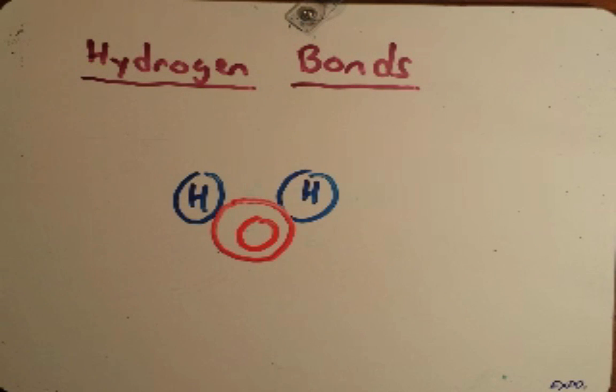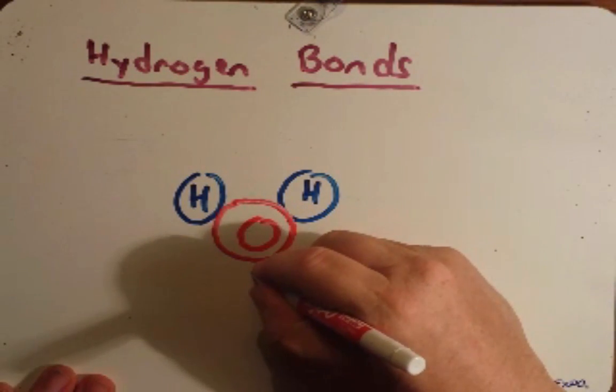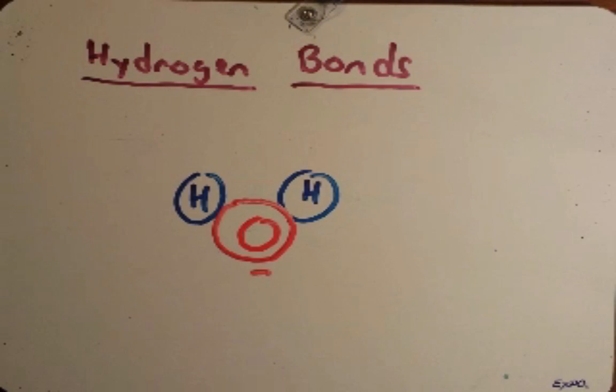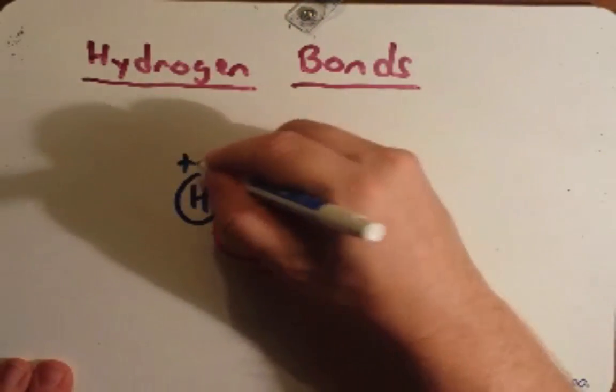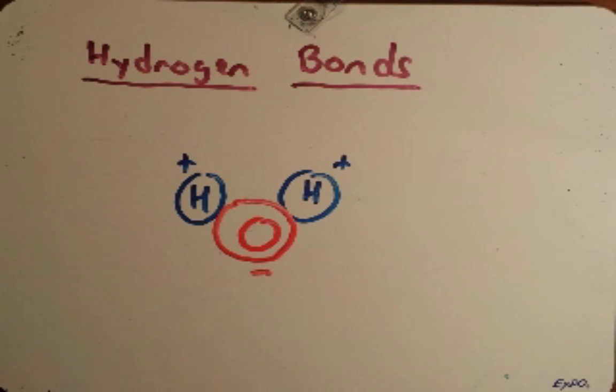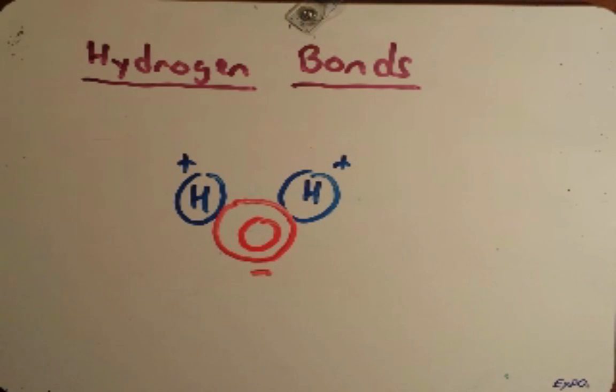But they're polar because they don't share evenly the electrons. And because of that, remember we said this oxygen has a partial negative charge, and these hydrogens have a partial positive charge. Because of these partial charges with the hydrogen and the negative charges of the oxygen, they can form what we call hydrogen bonds.